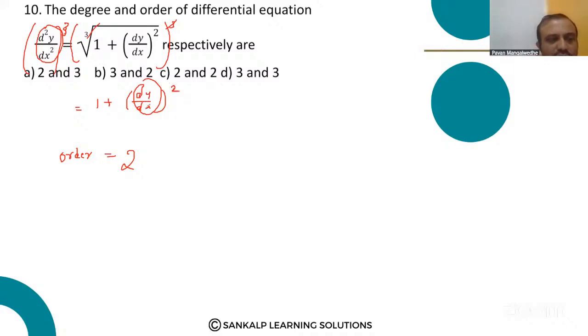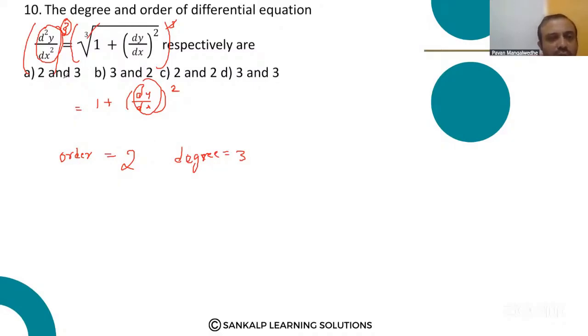So the highest power of the second derivative is 3. That becomes the degree of the given equation. Degree is equal to 3. The highest power of the second order derivative is the degree of the equation. So the order is 2 and the degree is 3.